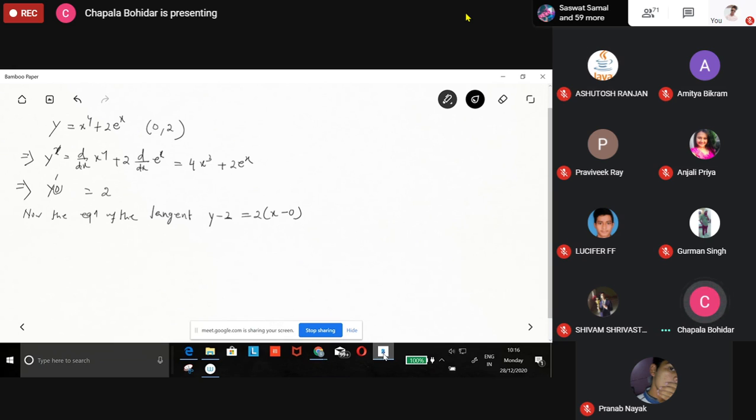So what we get here is y minus 2 is equal to 2x. This implies y is equal to 2x plus 2. Over question number 35, this is here. So next question. Come to that PDF.